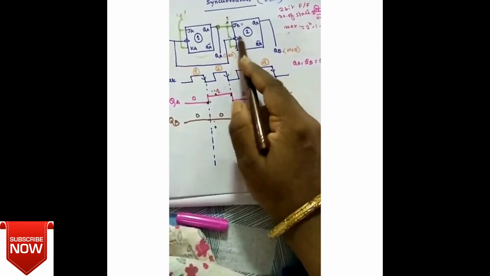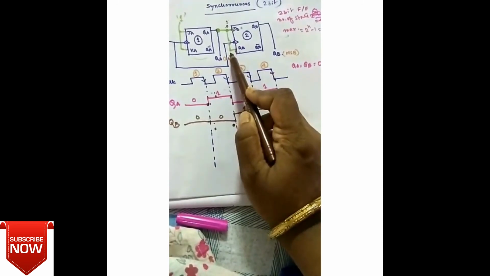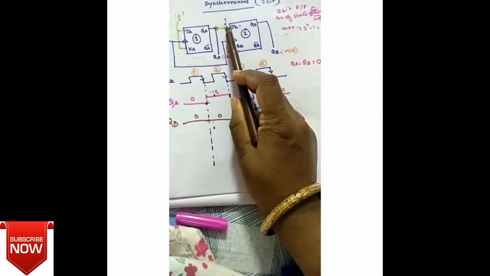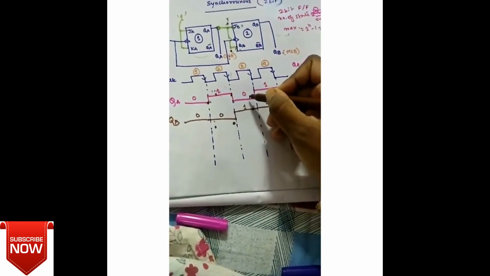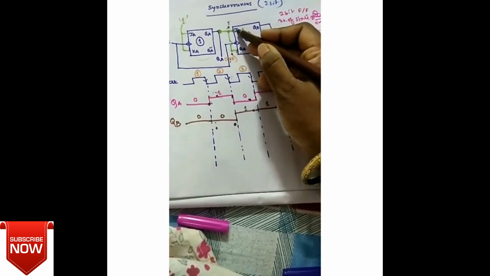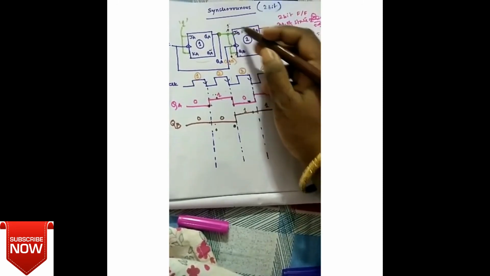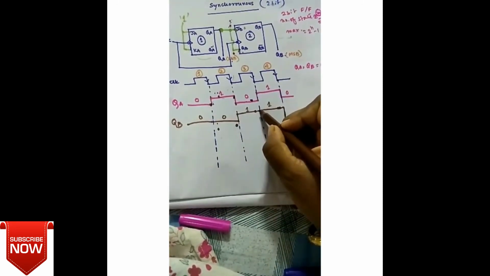Again on the negative edge trigger, whenever QA is changing the value from 0 to 1, this 0 is considered as the input of this J and K flip-flop. So once it is taken as 0 and 0, J and K is 0, so it is now again in memory state.